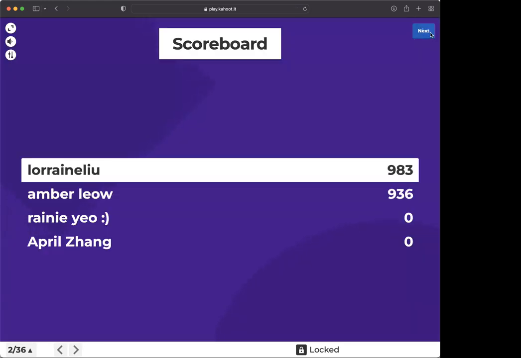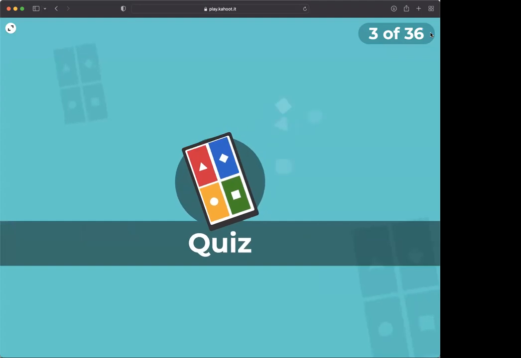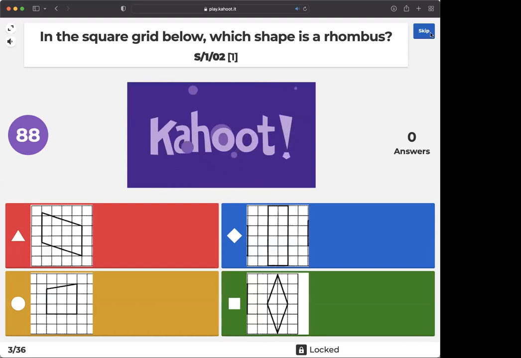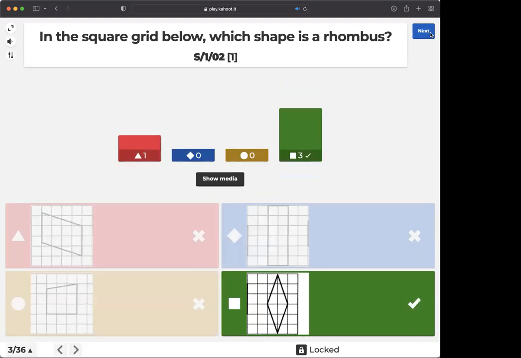So for this question, April and Rennie, you're okay, yeah? Now, which shape is a rhombus? Okay, who got this question wrong? Green is correct. Why is red incorrect?